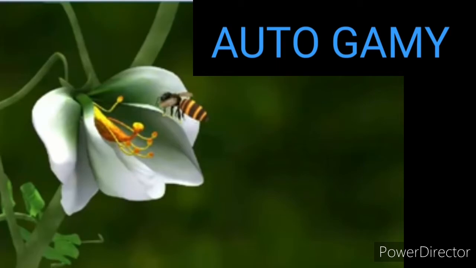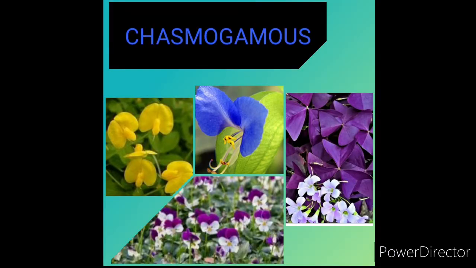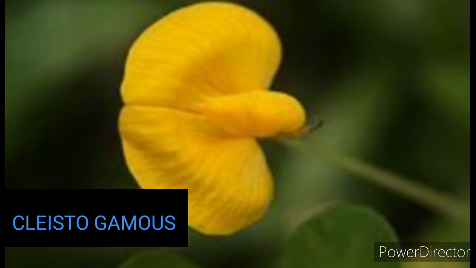Two types of flowers are produced in autogamy. First, chasmogamous flowers, which are similar to the flowers of other species, with exposed anther and stigma. And the second type, cleistogamous flowers, which do not open at all.